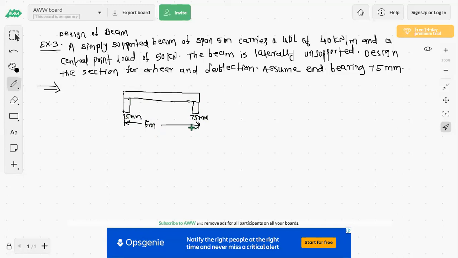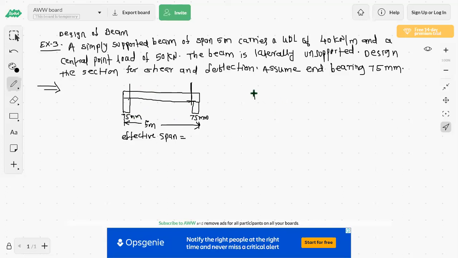Now we have to calculate the effective span of the beam. The total span of the beam is 5 meter, and for the effective span we have to deduct these bearings.